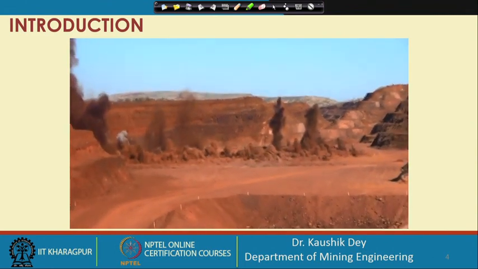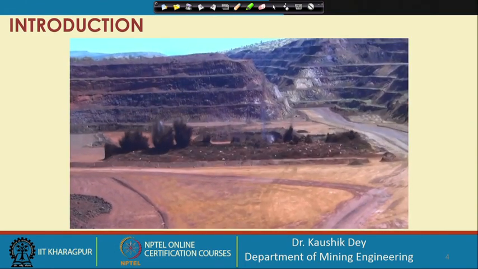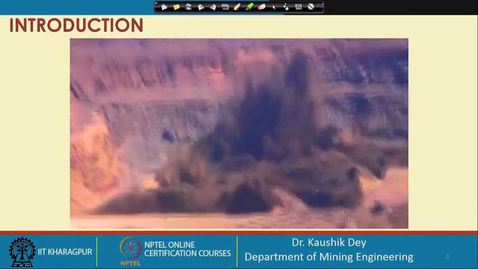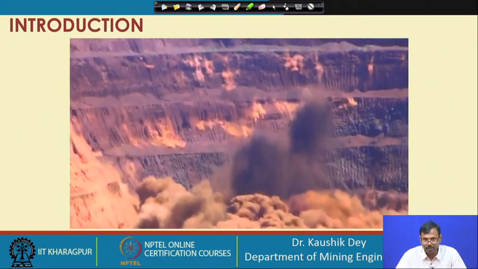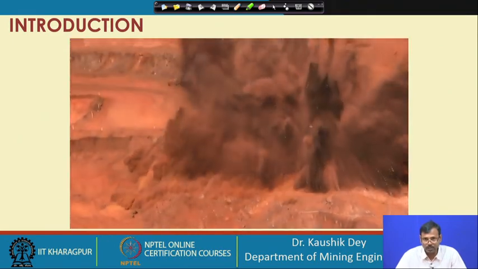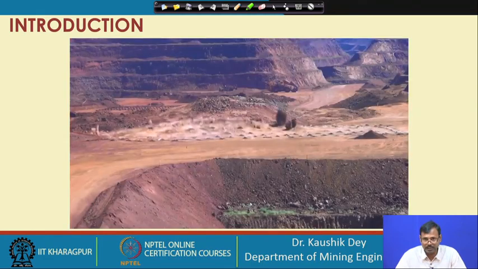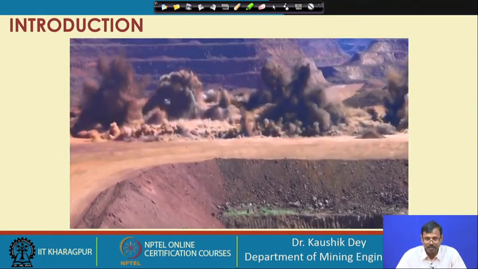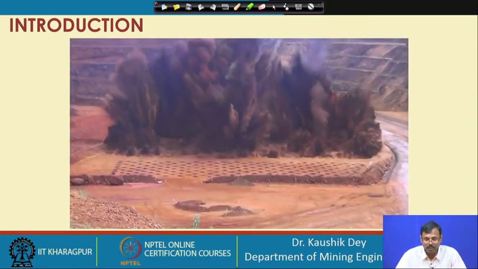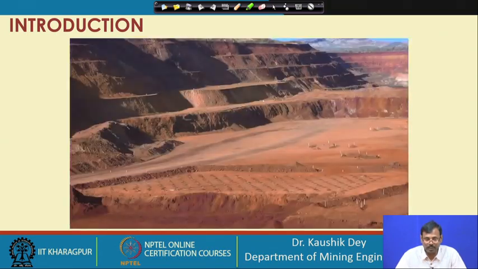Another point is that if you look at this blasting, you will find that the front holes are blasted first, then the back holes are blasted after that. This is carried out so that when the front hole is blasted, the front portion of rock is fragmented and moved out, and then the next portion of rock is fragmented.